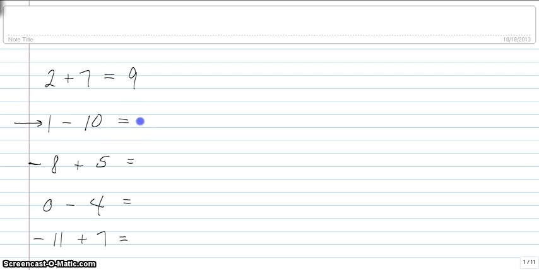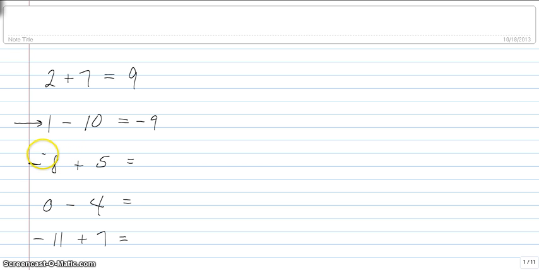So that's got to be negative 9. In other words, the difference between these two numbers is 9, but when you subtract the larger number, it's got to be a negative number.